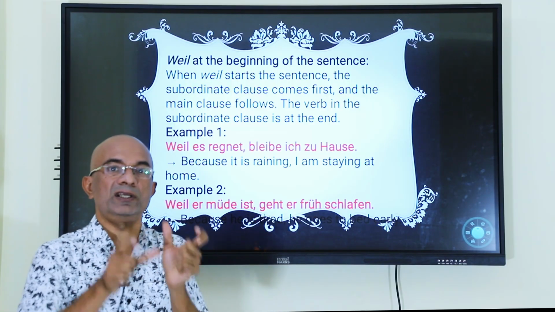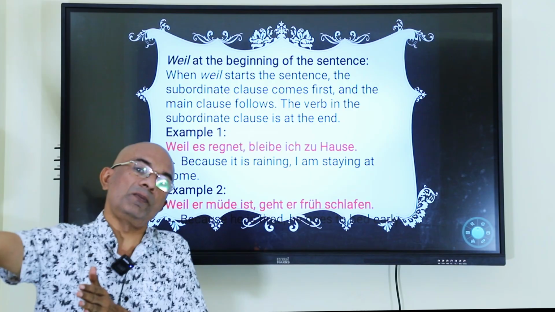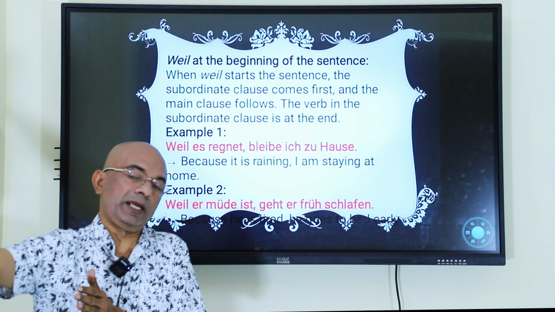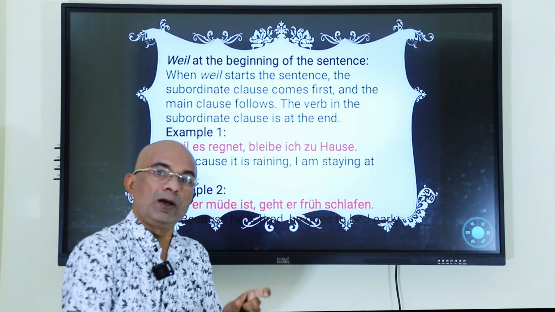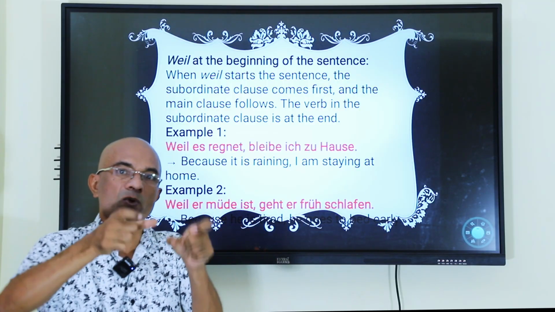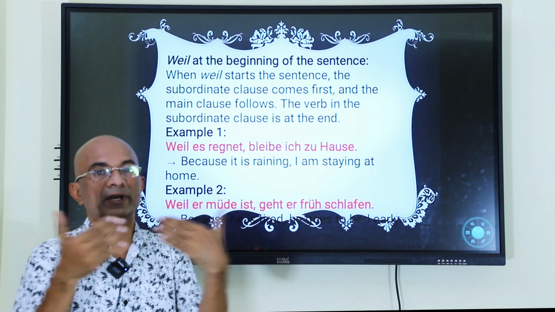So we use "weil" in two places. If you're using it in the middle of the sentence, then the verb goes to the end of the sentence. If you're using "weil" at the beginning, always remember subordinate clause and main clause, verb-to-verb combination should be there.